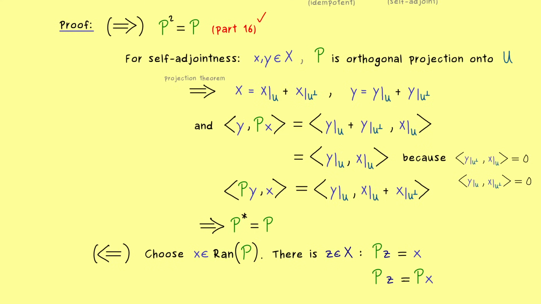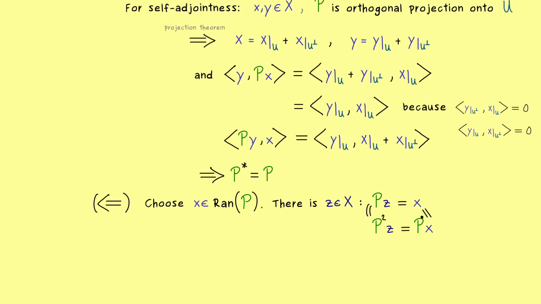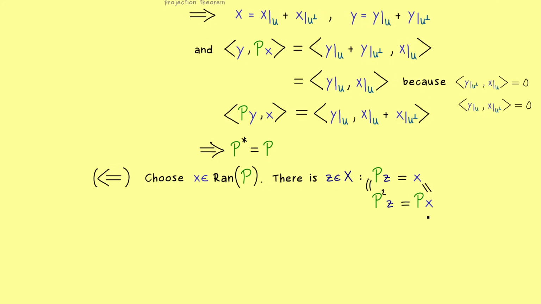So we get P applied to x on the right hand side and P squared applied to z on the left hand side. However, because we are idempotent here, this square does not change anything. And therefore we also have the equality on the right hand side, so Px is equal to x. So this is an important result. We don't need a different pre-image z, we can just take x as the pre-image for x if x lies in the range of P.